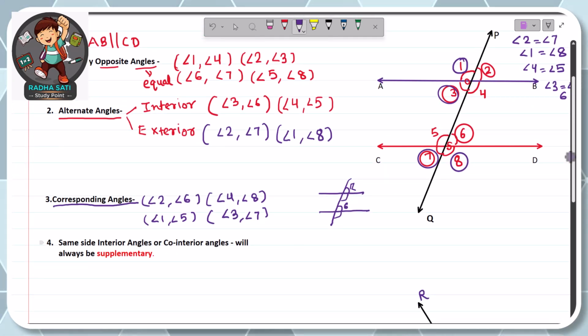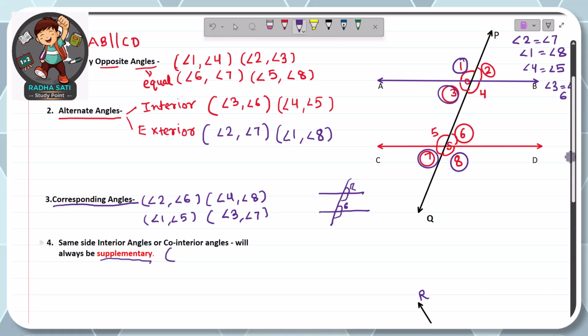Same side interior angles, or co-interior angles, will always be supplementary angles. Supplementary angles means the angles whose sum is 180 degrees. If these two are parallel lines and this is a transversal, then this angle and this angle are known as same side interior angles, or co-interior angles, or consecutive interior angles, and these will always be supplementary.